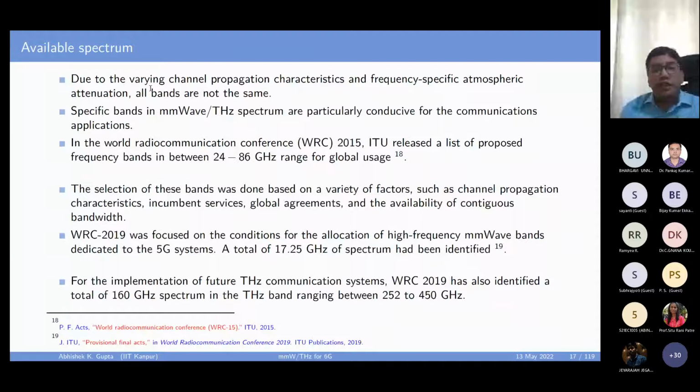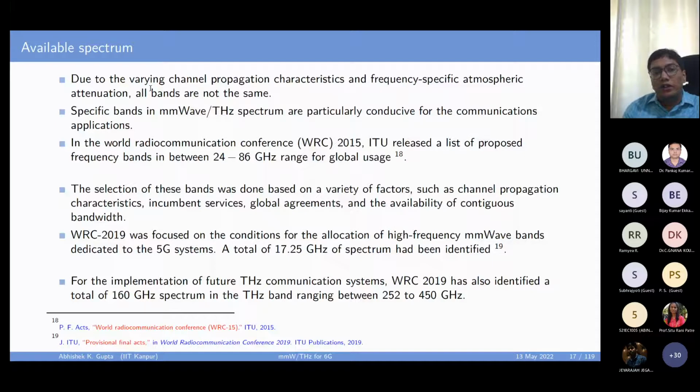So let us look at some of the bands which are available for millimeter wave. How do we decide these bands? Because of different atmospheric attenuation and propagation characteristics, all frequency bands are not the same. You have to choose bands which are good for communication, where the signal can propagate really well.